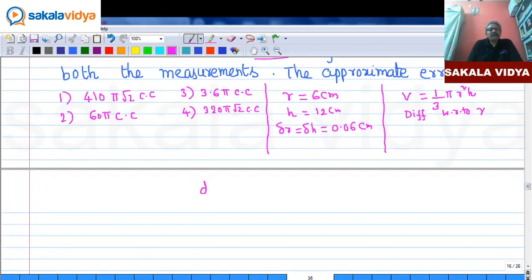So that means dV by dr equals 1 by 3 pi constant, r square h means UV model, r square into dh by dr plus h into r square differentiation with respect to r.